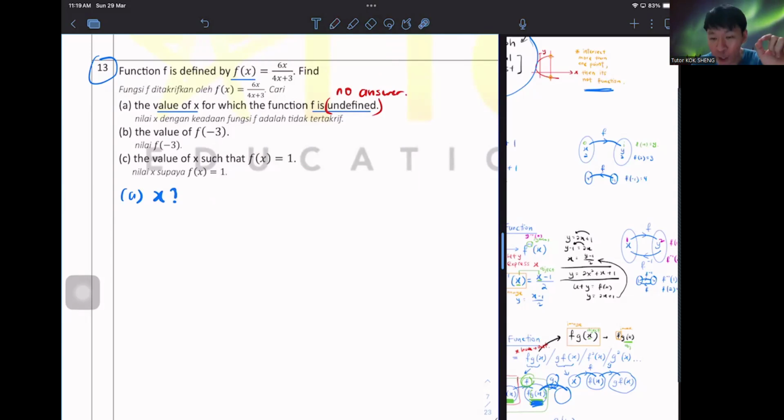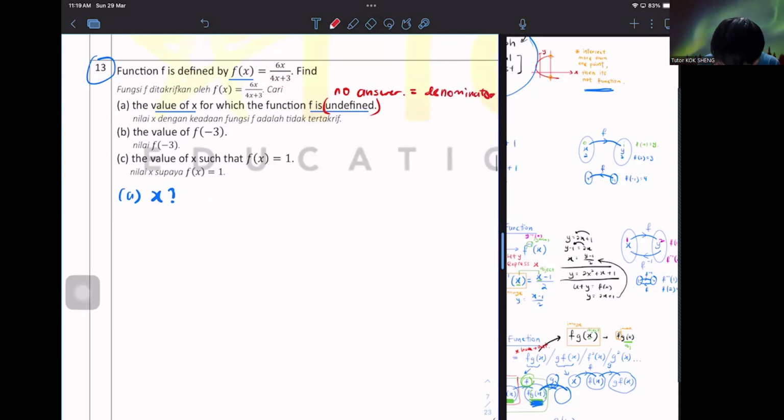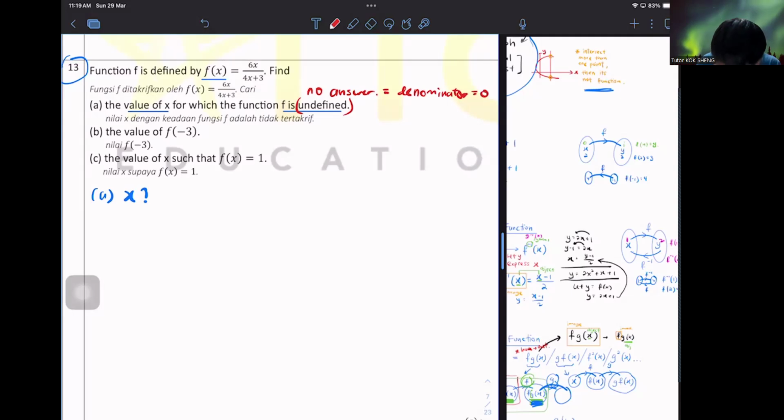So look at the function f here, right? It is a fraction. So for a fraction, how do you get no answer? Is the denominator equal to zero?